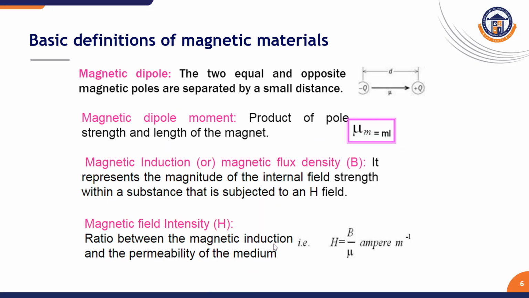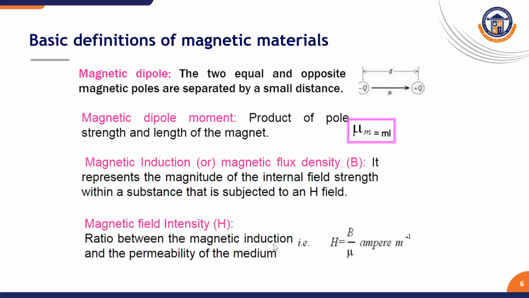Before we classify magnetic materials, let us go through some basic definitions. A magnetic dipole is simply two poles, north and south, separated by a distance. The magnetic dipole moment is the strength of the pole multiplied by this separation. Magnetic induction, represented as B, is the measure of the internal field within a material.